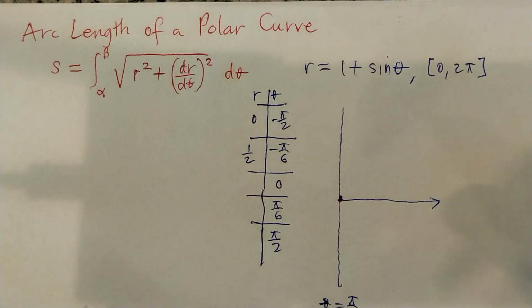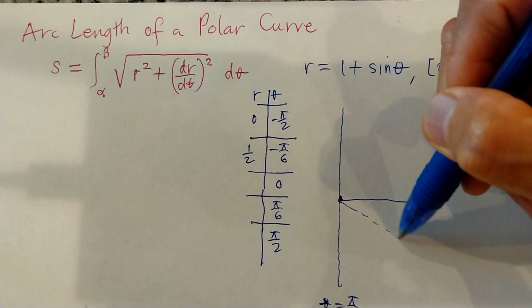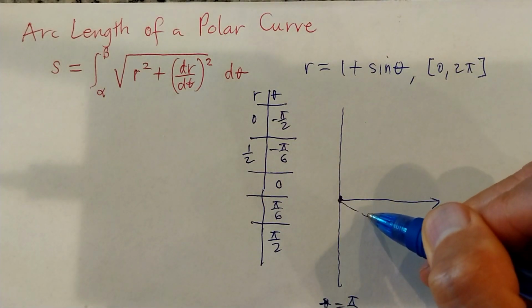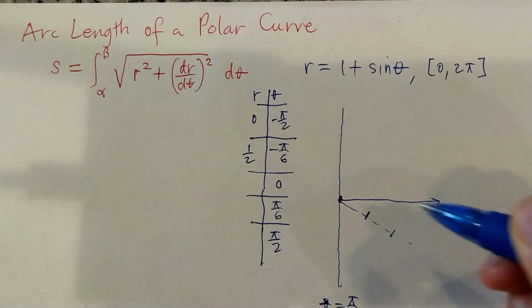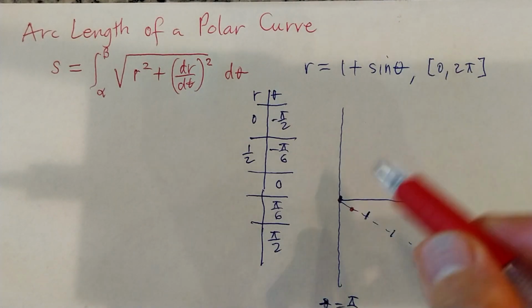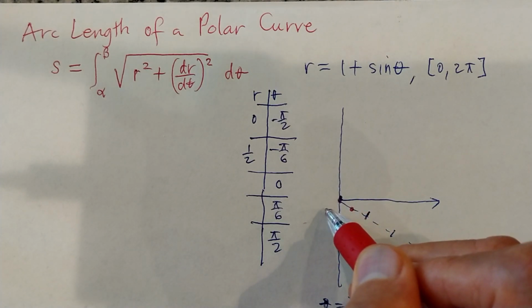So at negative pi over 6, somewhere here, the value of r is 1/2. If this is 1, this is 2, this must be 1/2 right there. And I'm going to copy that onto the third quadrant, so right here.